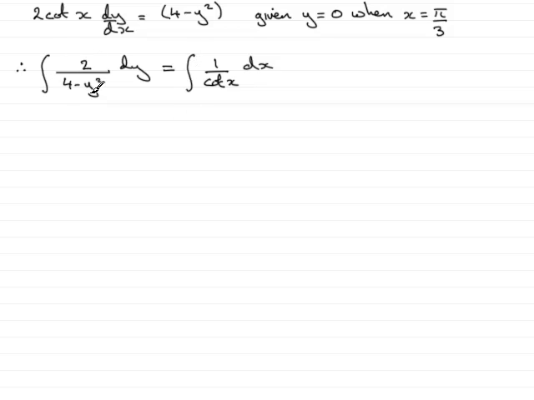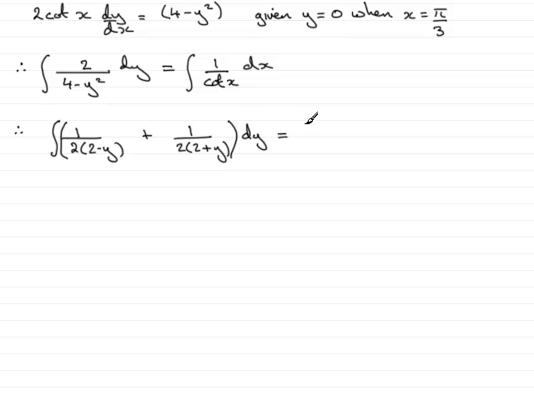Now to integrate 2 over 4 minus y squared, I need to split this into partial fractions. And this was done earlier on. So this becomes the integral of (1 over 2 minus y plus 1 over 2 plus y), a couple of terms here so we need brackets around that, integrated with respect to y.